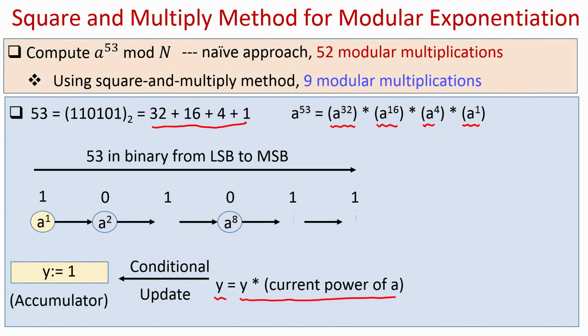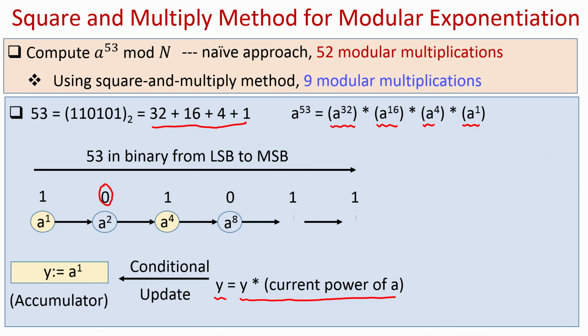For instance, I start with the LSB of 53, the exponent b. Right now the bit is 1, that means I have to accumulate this power, and that is why I update my accumulator by multiplying the existing y with the current power of a. Then I go to the next power of a and I check the bit position, the bit is 0, so I do not need to accumulate this power.